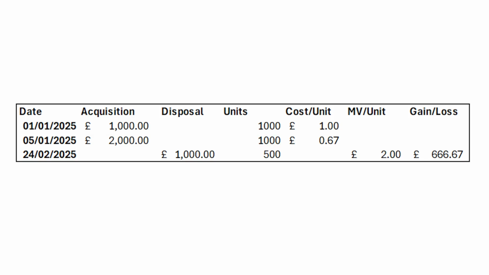Yep. So you then have to work out that you've invested £3,000 and you've got 2,000 units. Correct. So therefore your cost for each unit is 3,000 divided by 2,000. 67 pence. 67p. Correct. Yeah. Okay, I think I've got it.